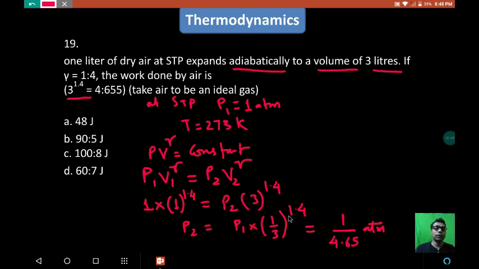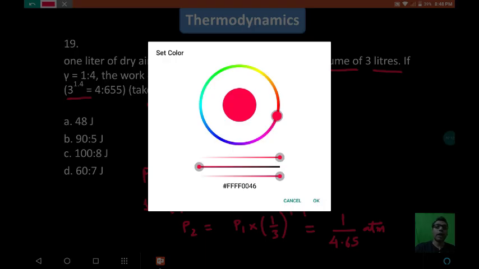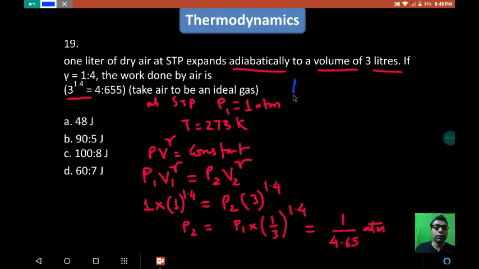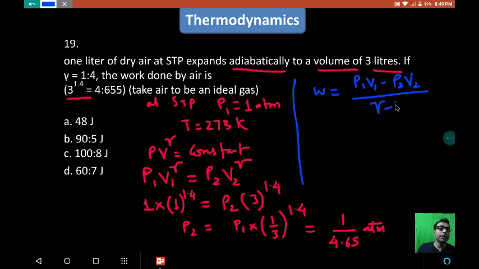What is work done? Work done can be easily calculated. I'm changing the color of the pen so that it will differentiate the work done. Work done in an adiabatic process is (P1 V1 minus P2 V2) divided by (gamma minus 1).